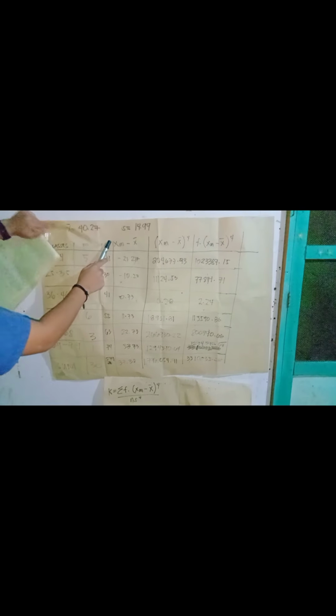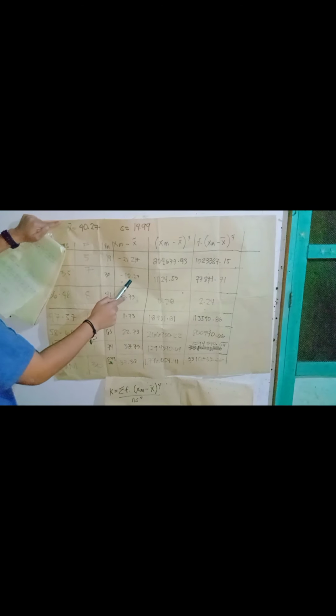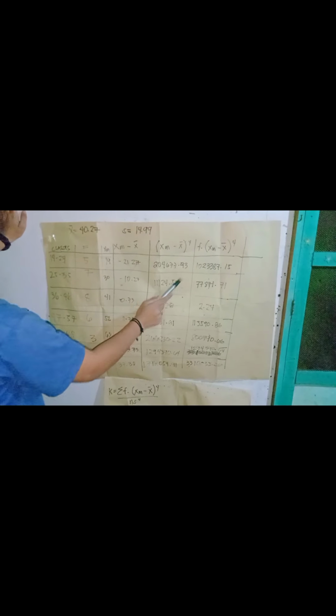gives us 1,023,387.5. The next example is 30 minus 40.27. It gives us negative 10.27. Negative 10.27 to the fourth power gives us 11,124.53. Times the frequency, which is 7, gives us 77,871.71.